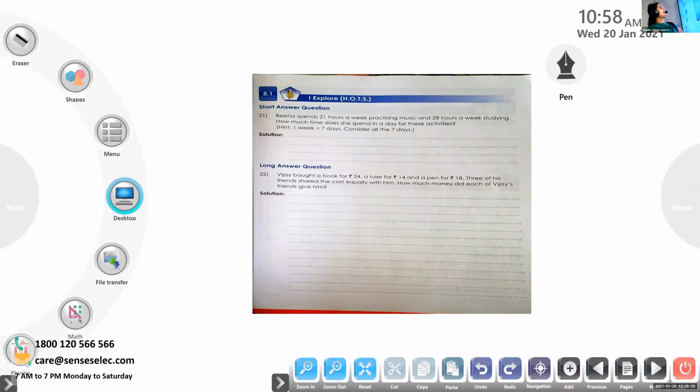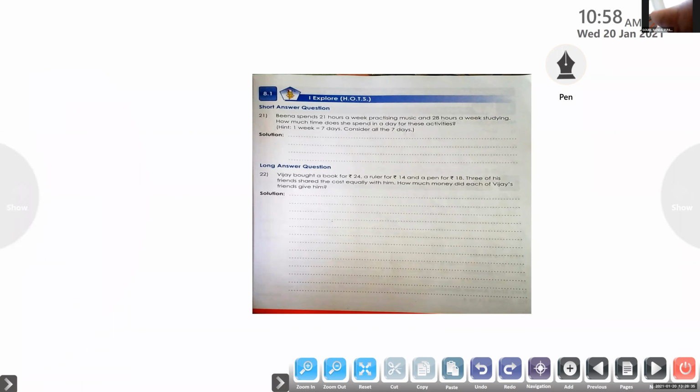So, my dear children, what is the cost of a book? 24. All of you write 24 along with me. Cost of a book is equal to rupees 24.